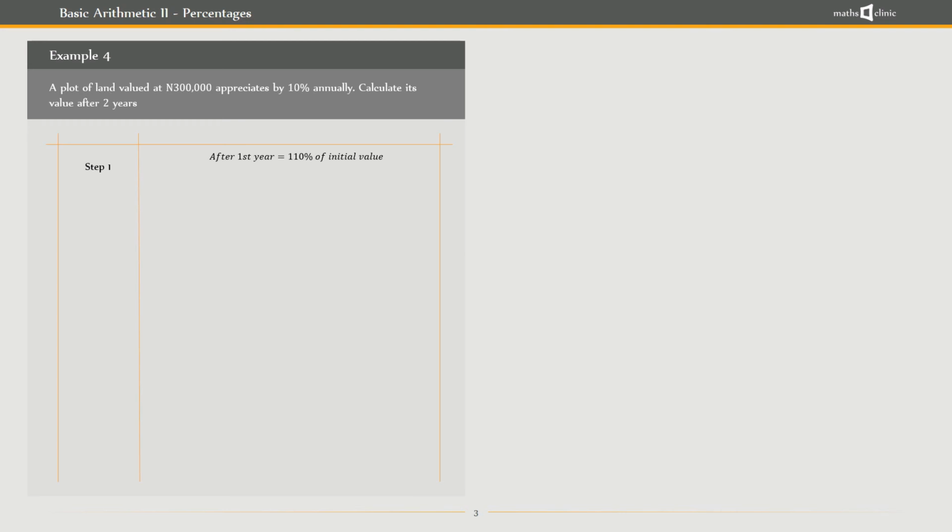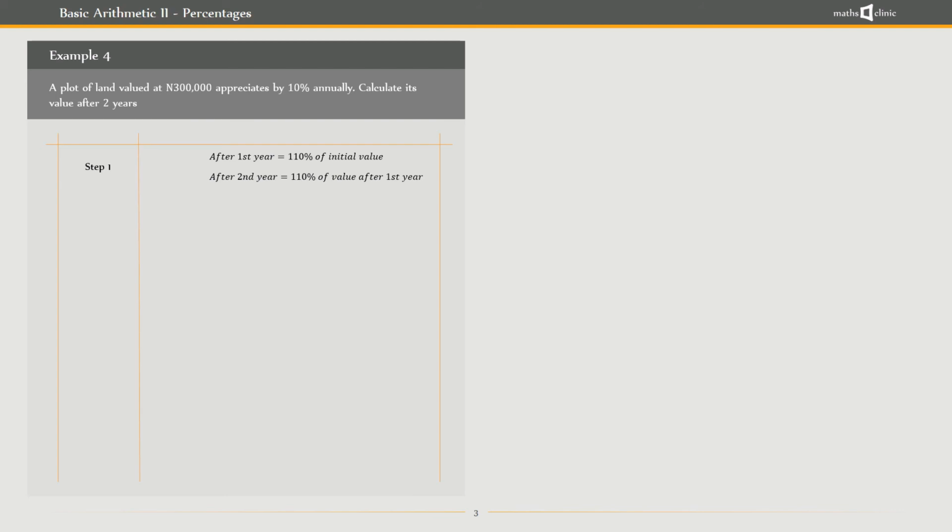For a very simple reason: after the second year we would have 110% of the value after the first year, and finding 120% of the initial value is not the same as finding 110% of the initial value and then finding another 110% of the value after the first year.